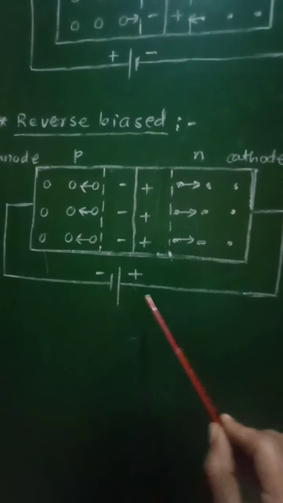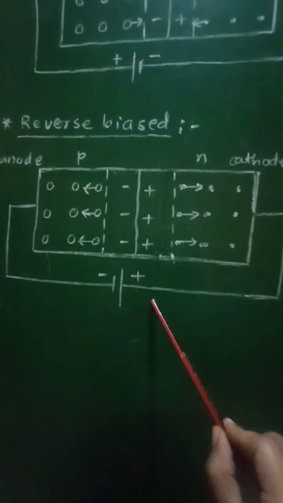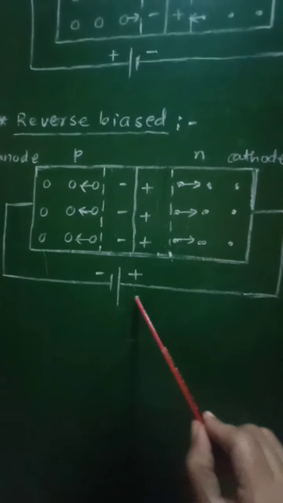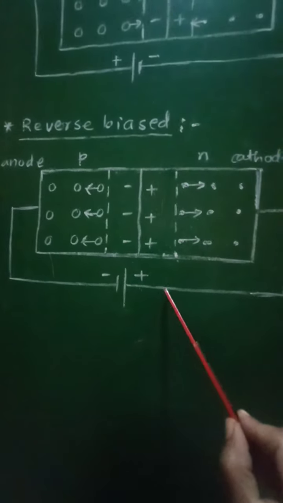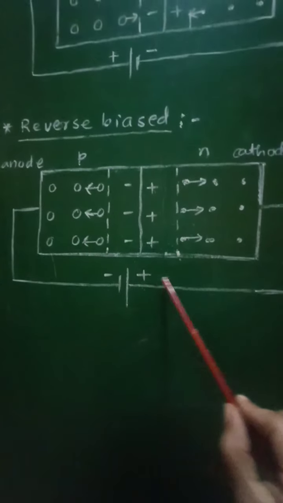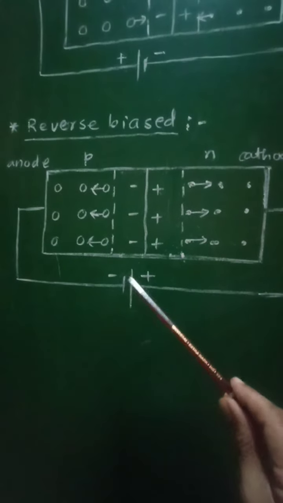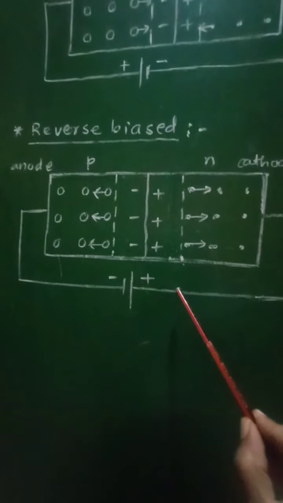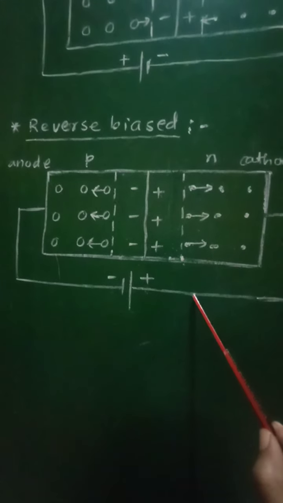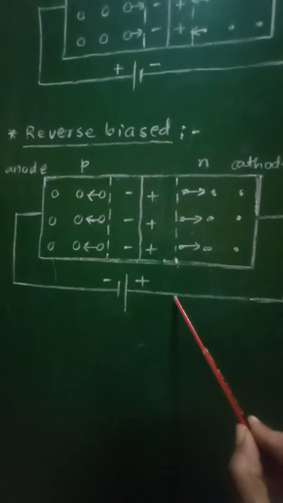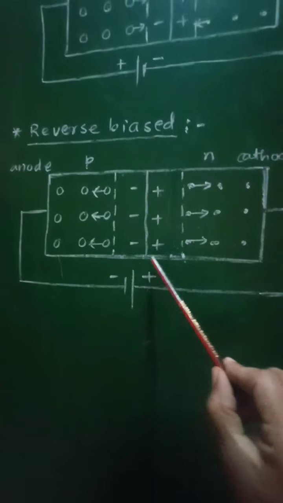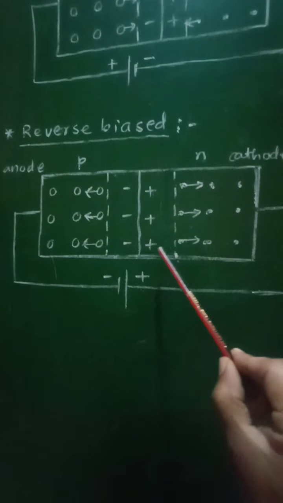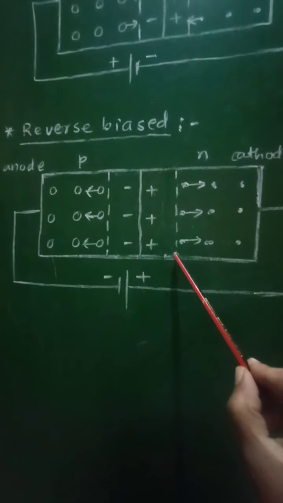This is because the covalent bonds break down and a large number of carriers become available for conduction. This effect is called avalanche breakdown. So due to the breakdown of this PN junction, a large amount of current will be set up in the circuit.